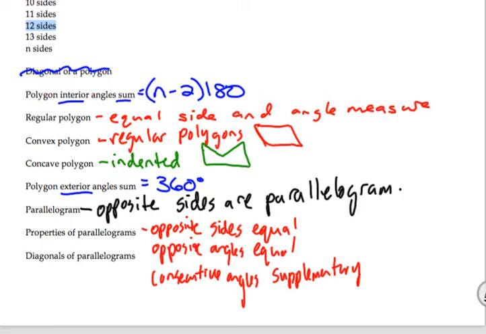So if I drew a figure, here's my parallelogram. So we just said opposite sides are equal. So that's what we got in blue. Check. In green, opposite angles are equal. So this one has to be equal to that one. These two are equal.